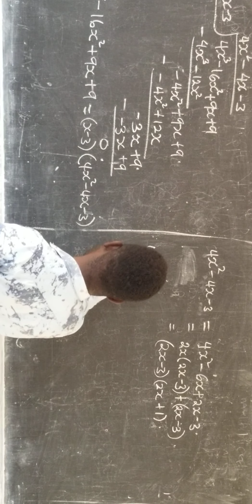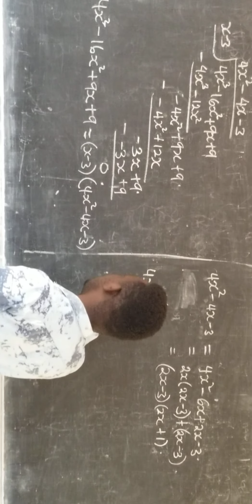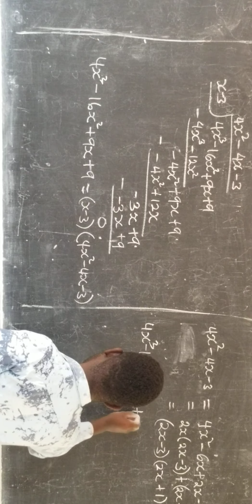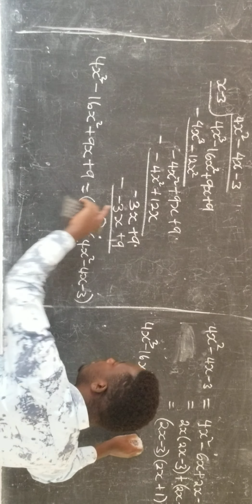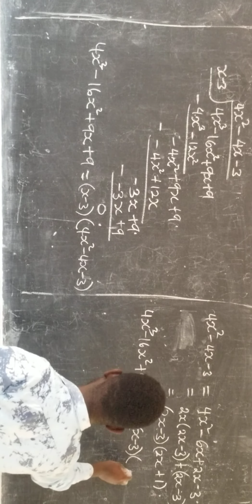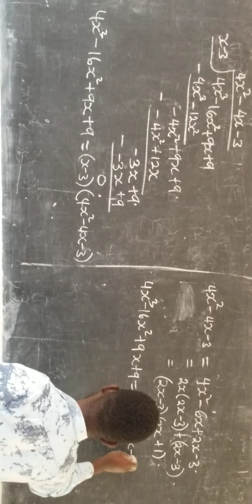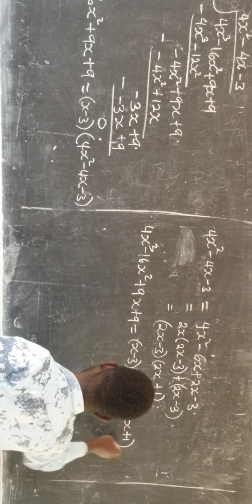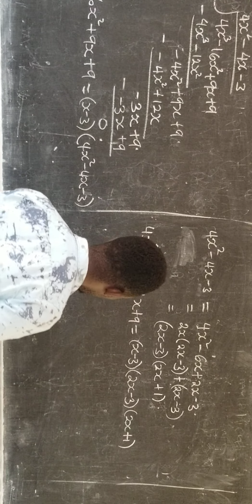So that 4x cubed minus 16x squared plus 9x plus 9 is equal to x minus 3, times 2x minus 3, times 2x plus 1.